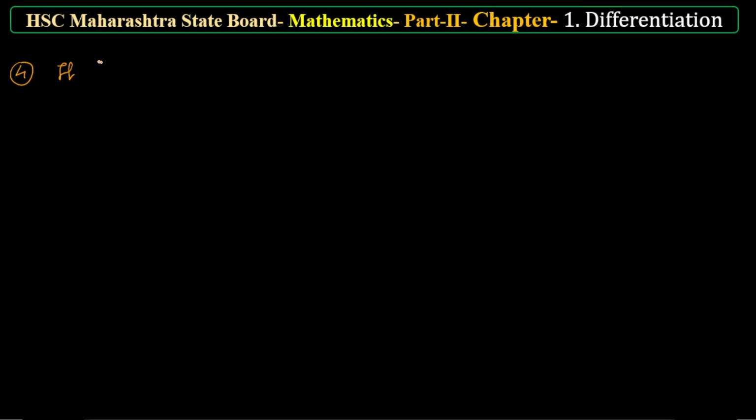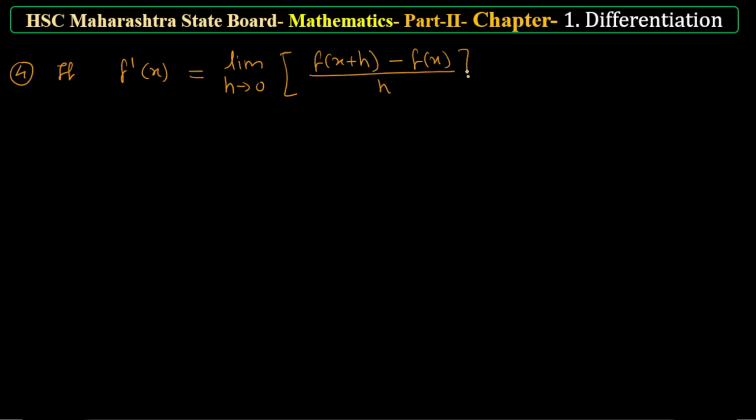Fourth: if f dash of x is equal to limit h tends to 0 of f of x plus h minus f of x divided by h, this is called the derivative of f of x with respect to x.